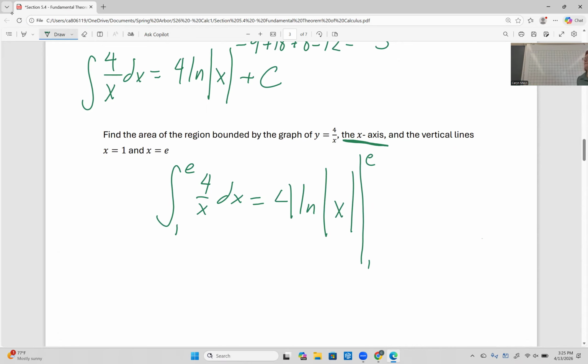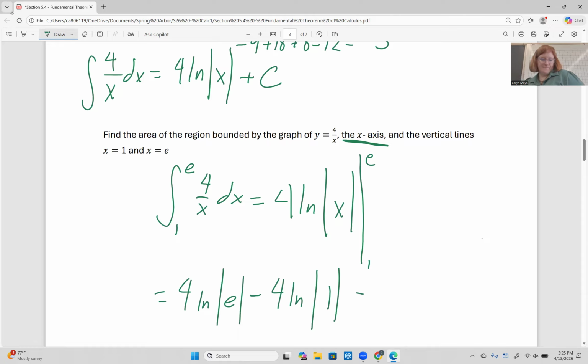Then, what gets plugged in first? E. Minus. Plug in 1. What's the natural log of 1? 0.